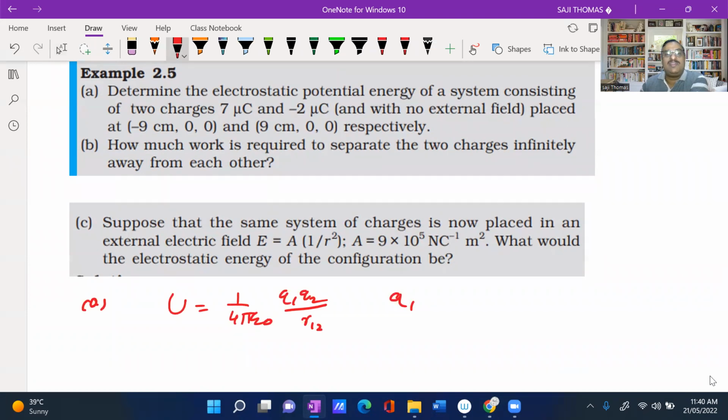Here Q1 is given, 7 microcoulomb. Q2 is -2 microcoulomb. So before doing the problems, first you write the given data. Okay. Then based on the given data, write down the relation connecting them. Then substitute the values and solve it.